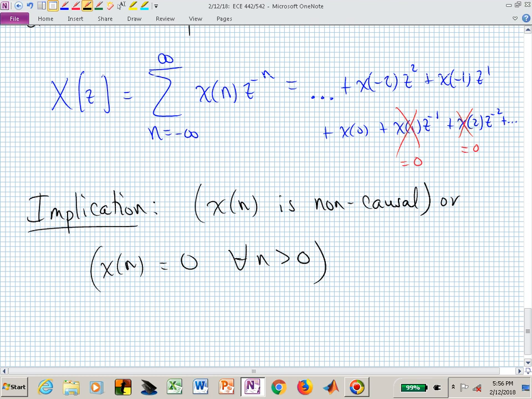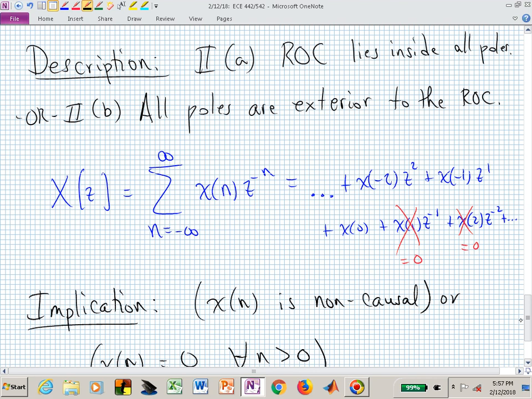Was there a question? I was just confused. So the reason x of n can go anywhere except 0... So little x of n's are the sequence in time, and capital X of z is its corresponding frequency domain z transform.